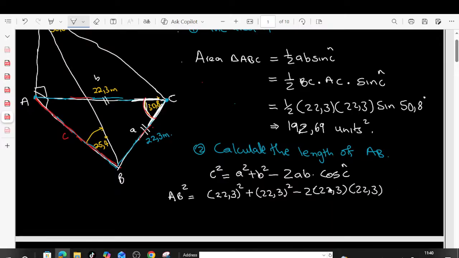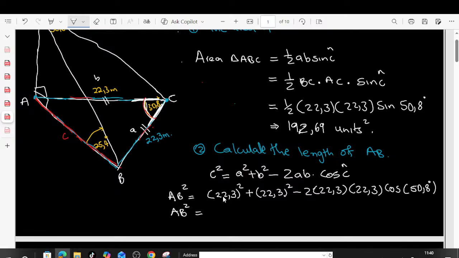I don't want to go into too much detail, I don't want to confuse you guys. So the cos of angle C, look at what angle C is. That's 50.8 degrees.